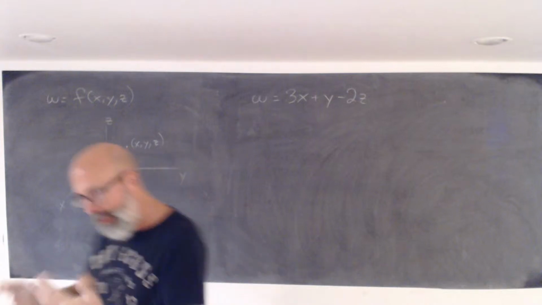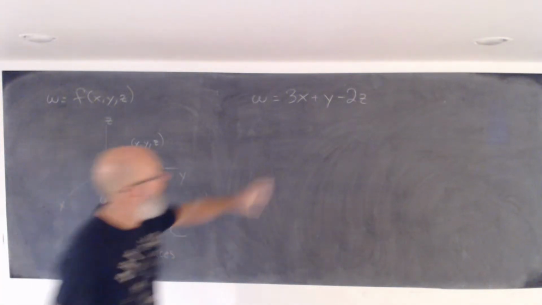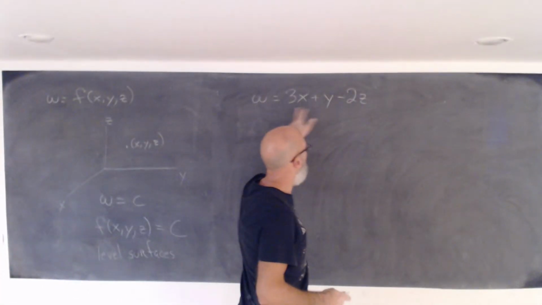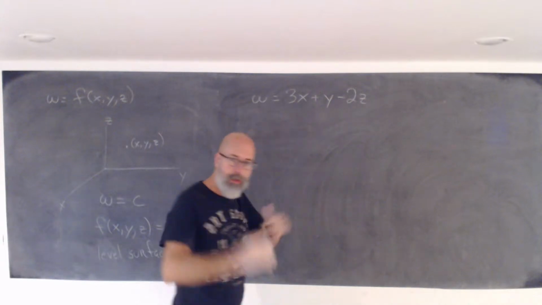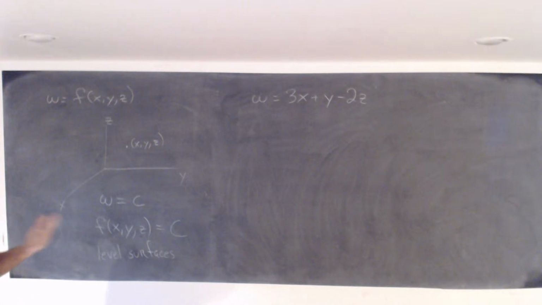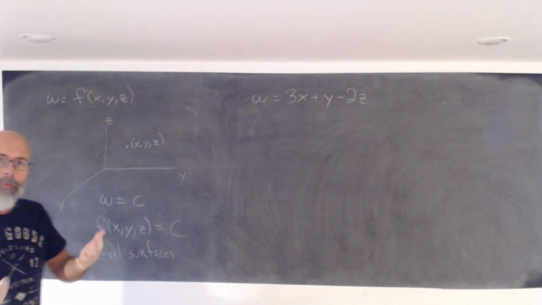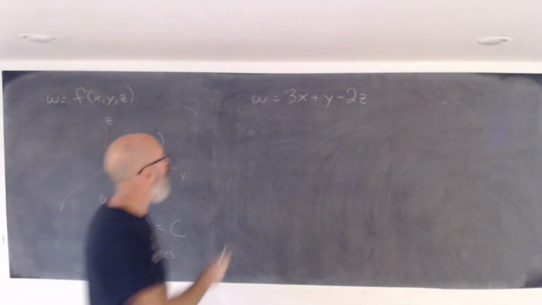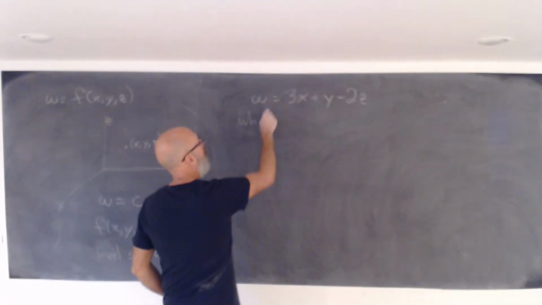So for every point x, y, z, if you plug in any point x, y, z to this, it spits out some height w. We're not going to graph this, but we can ask the question, what are the level surfaces?